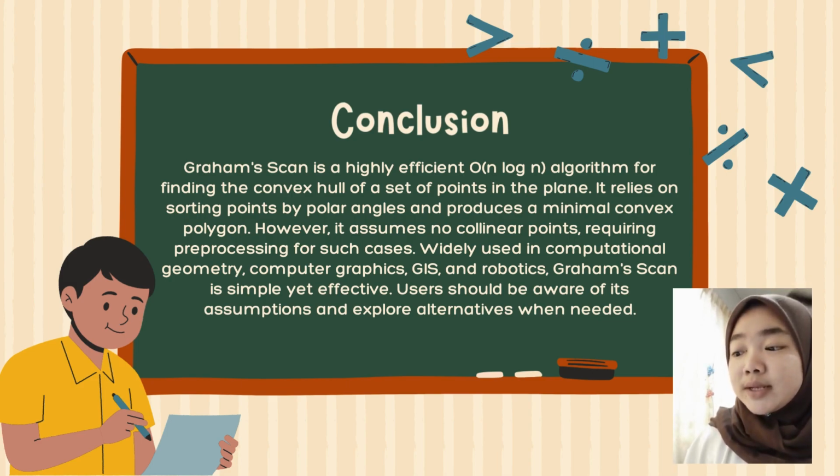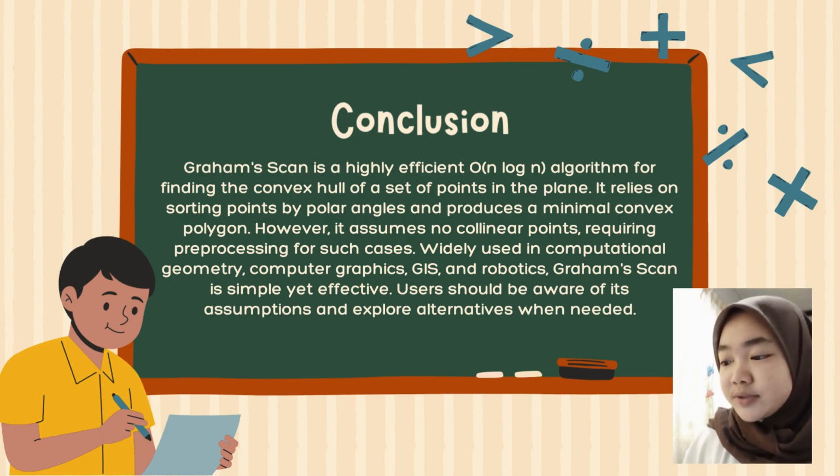However, it assumes no collinear points, requiring pre-processing for such cases. It is widely used in computational geometry, computer graphics, GIS, and robotics. Graham Scan is simple yet effective. Users should be aware of its assumptions and explore alternatives when needed.